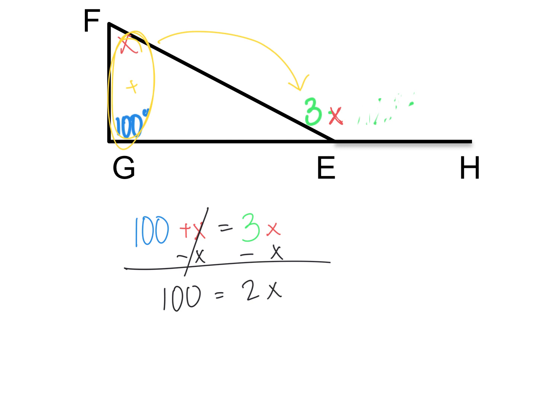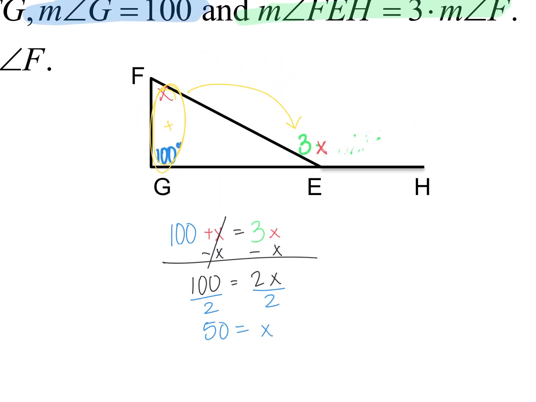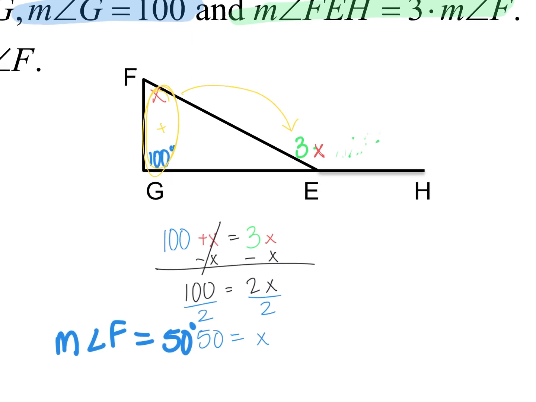And then I'm going to divide both sides by 2. And X is going to equal 50. Good. So they want to find the measure of angle F. The measure of angle F equals 50 degrees. So let's check it.